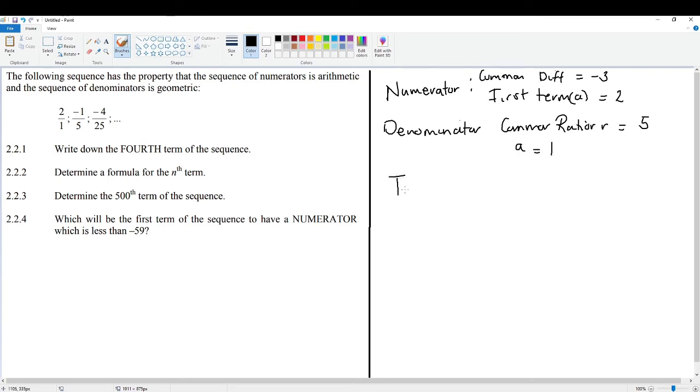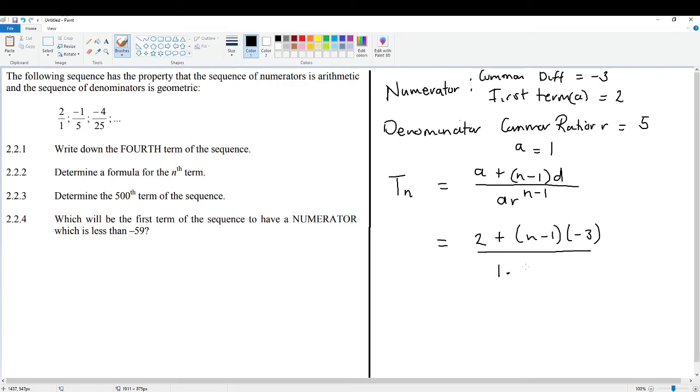We say the general term for this numerator being arithmetic would be a plus n minus 1 times d, dividing ar to the power of n minus 1 because it is geometric. We substitute with the information that we have. My numerator will be 2 plus n minus 1 times minus 3, and my denominator will be 1 times 5 to the power of n minus 1.